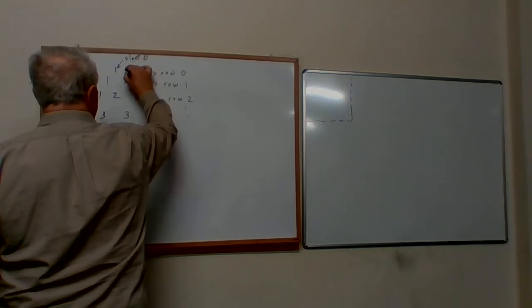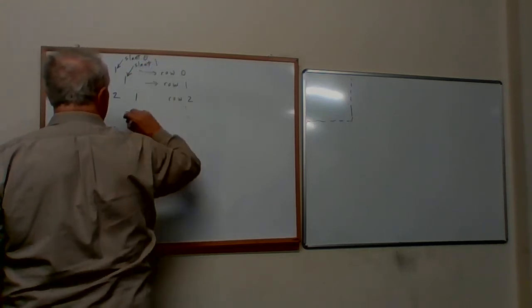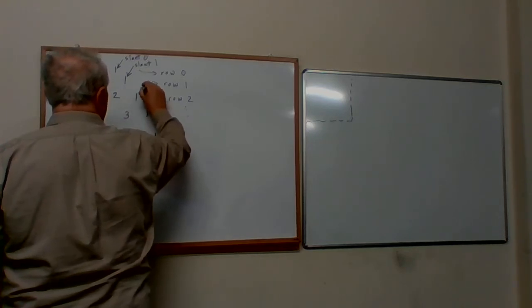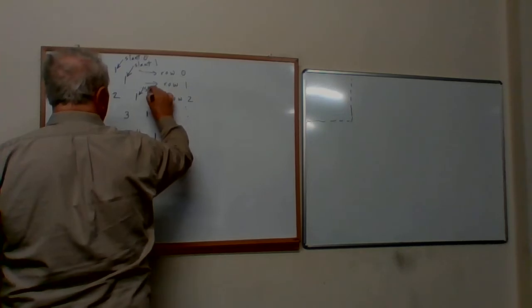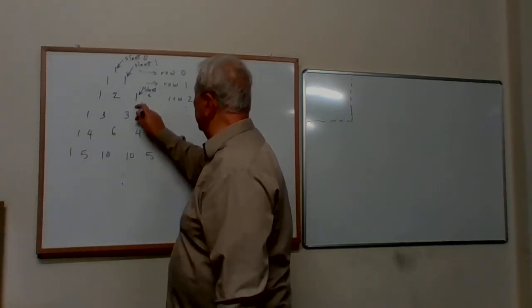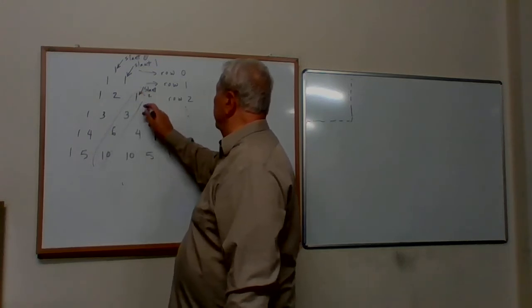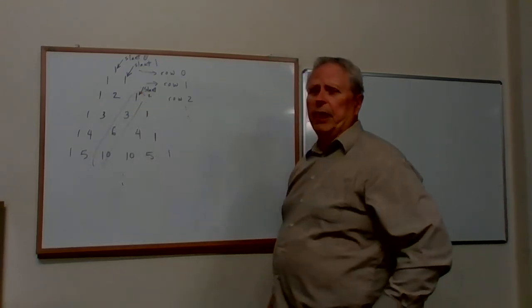This one is slant 1. This is slant 2, etc. So the slants go down along this way, okay? And I'll be referring to them that way.